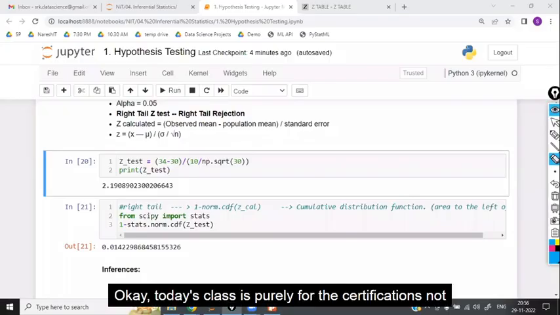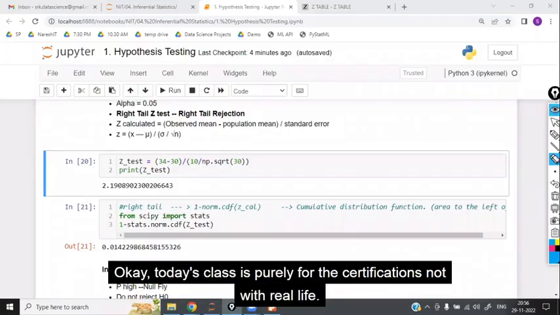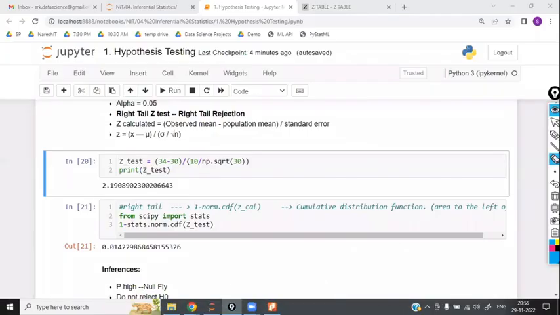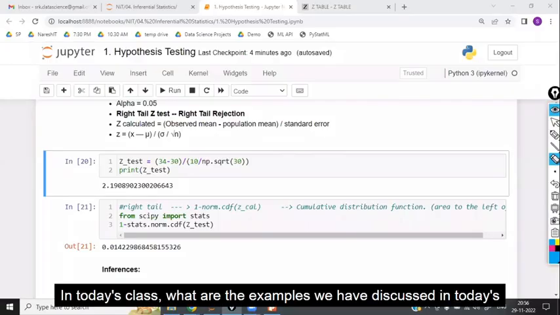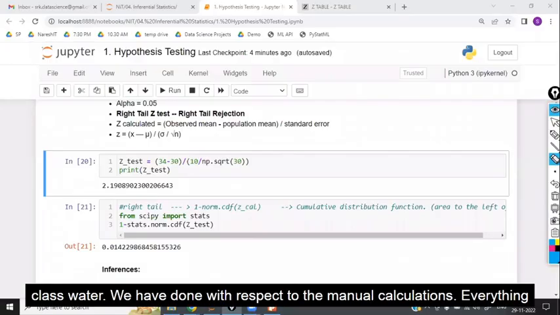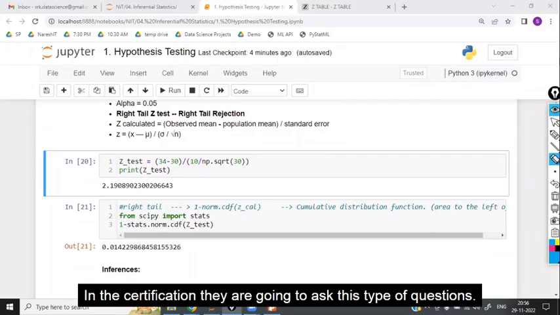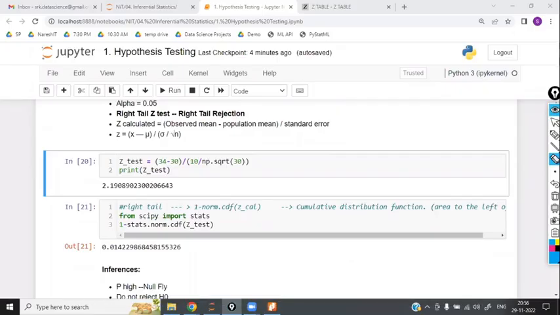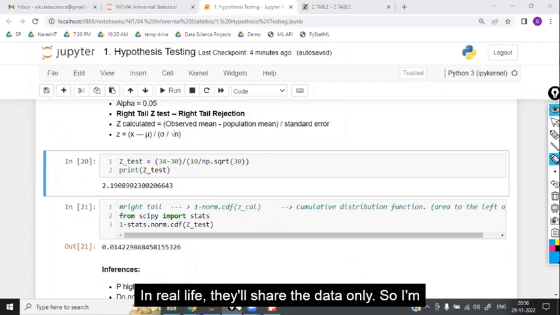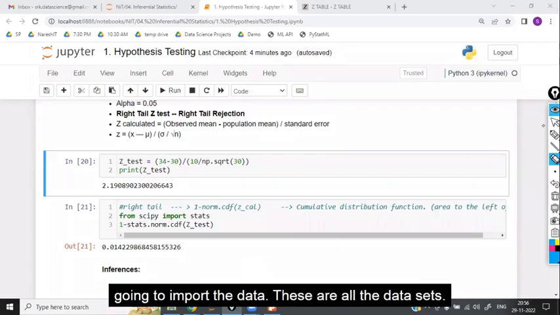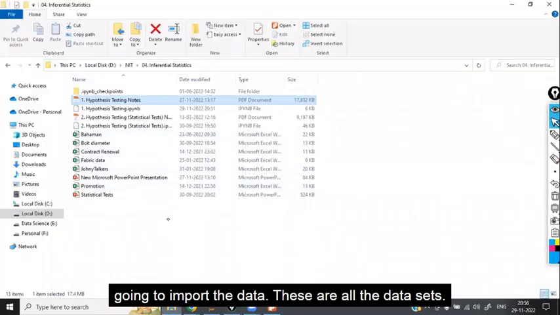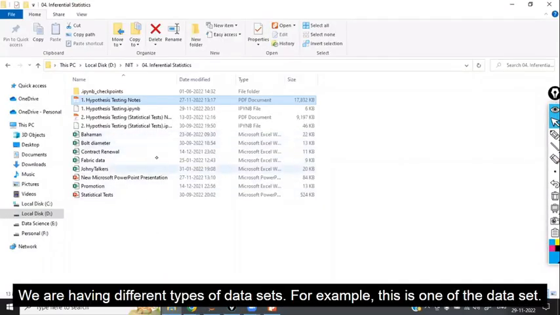Today's class is purely for the certifications, not for real life. Whatever examples we have discussed today and whatever manual calculations we have done are with respect to the certification. In the certification, they are going to ask this type of questions. In real life, they will share the data only. I'm going to import the data. We have different types of data sets.